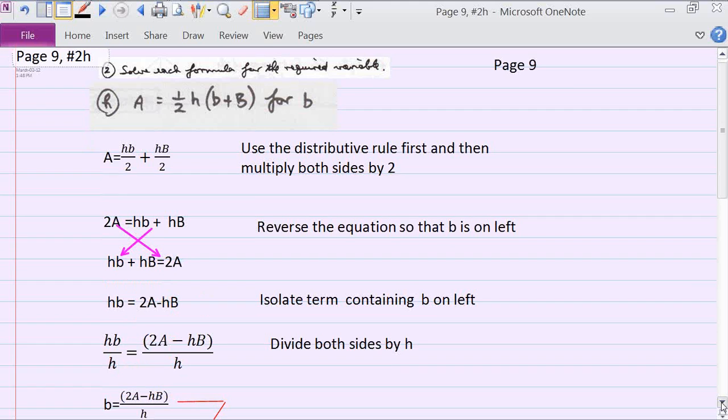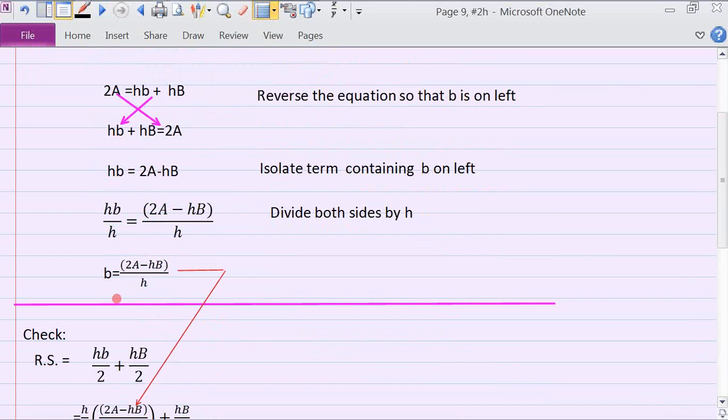And finally, I come out with the equation that small b is equal to 2a minus hb over h. Remember, the h and the h here will cancel. I'll be left with b, and I'll be left with this term on the right-hand side.